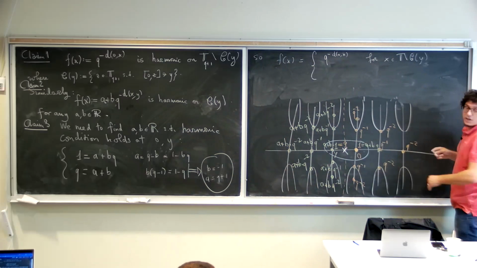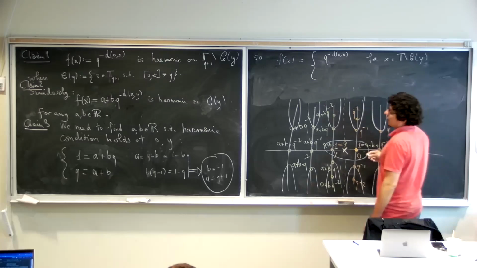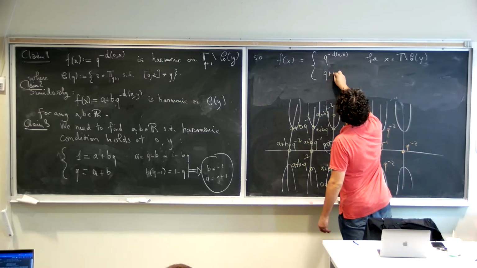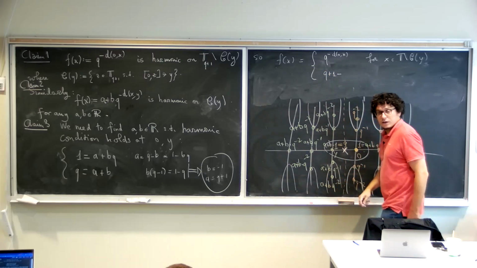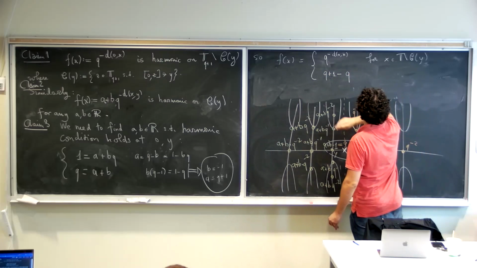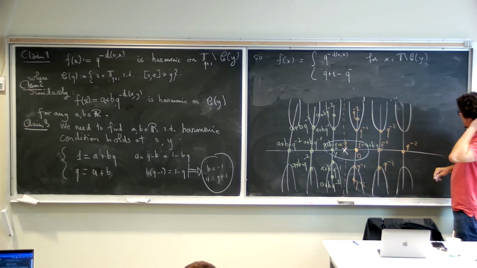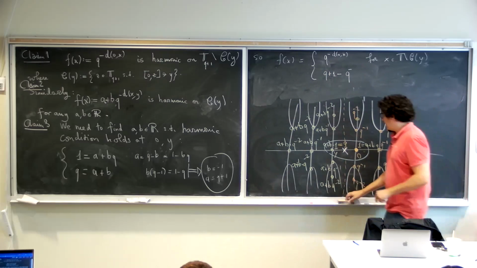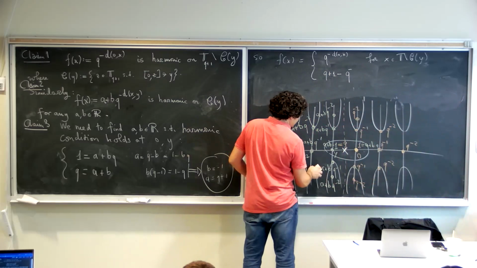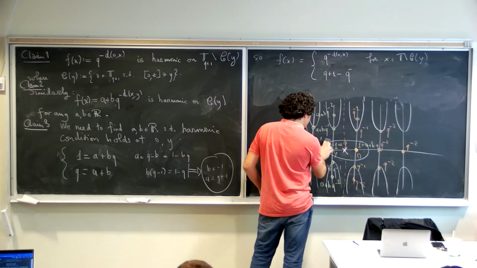So basically on the right-hand side of the tree. And then on the left-hand side of the tree, you have q plus 1 minus q to the minus, okay, to be sure, let's rewrite this precisely.